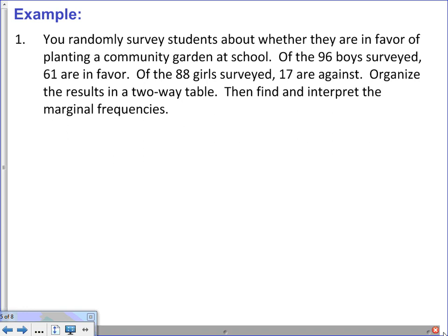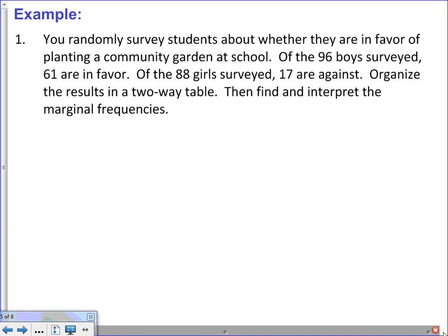Okay, so the key to creating a two-way table is, remember that two-way tables represent data in 2 different categories. Decide what your 2 categories are going to be. Let's share out, what do we think we could create for 2 categories in example 1? Boys and girls could be 1. What could be the other category? In favor and against. And it doesn't matter how you set it up, like rows or columns.